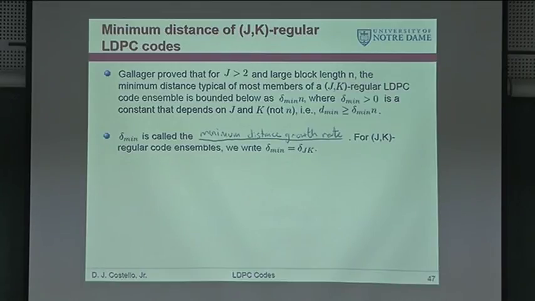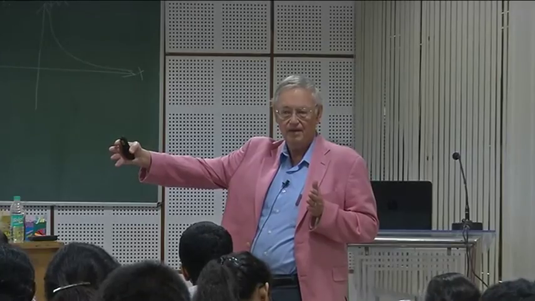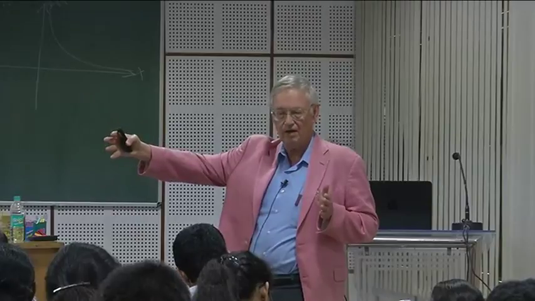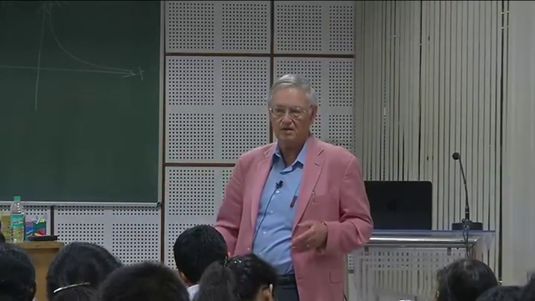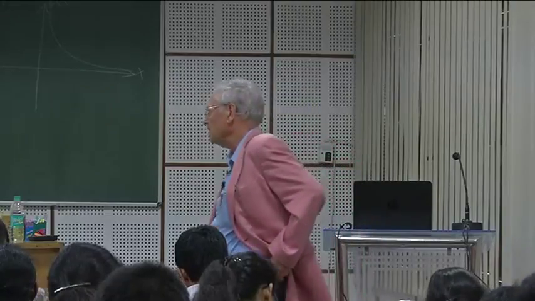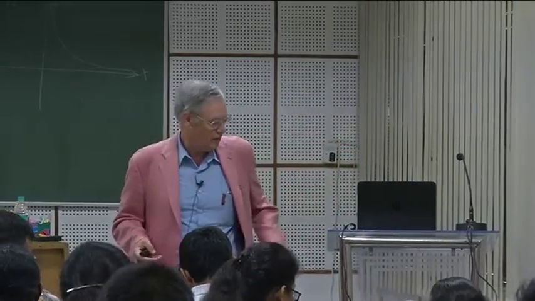And that's a good parameter. It's something important, because as you consider a certain type of code design and you make the code longer and longer, you want the minimum distance to get larger and larger. Okay? You don't want to make a bigger code which is going to be more complex and not get any larger minimum distance. And that does happen sometimes with some constructions.